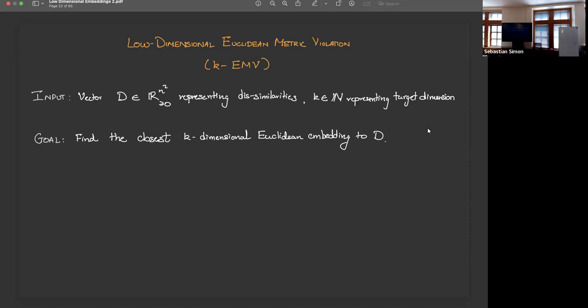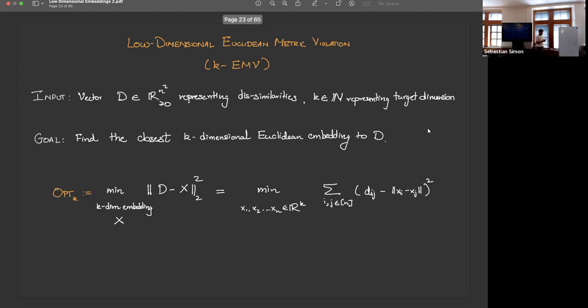So you want to take these distances and embed them in k dimensional space. What we really want is the closest k dimensional Euclidean embedding to the set of input distances. And here I'm not even assuming that the input distances satisfy the triangle inequality. They're just some non-negative vector in this space.